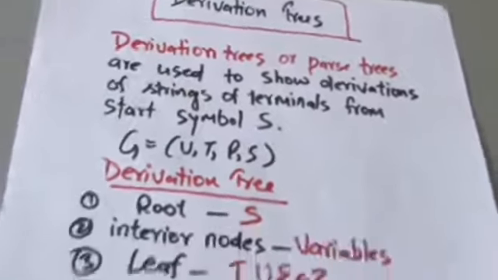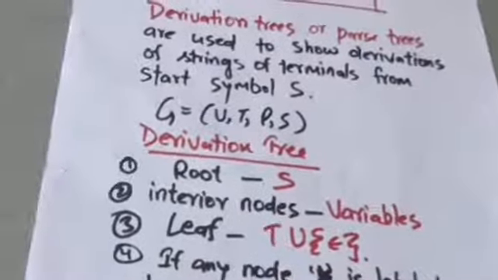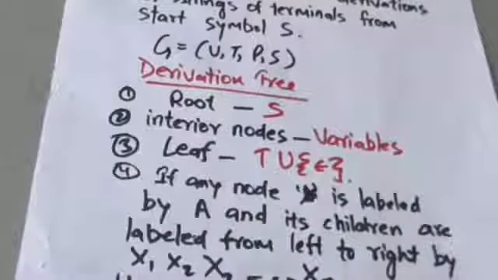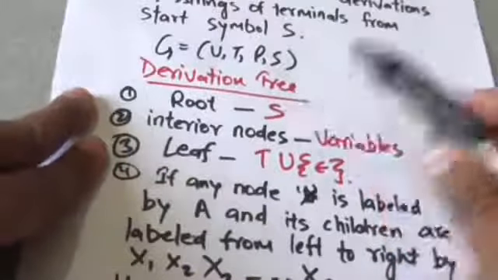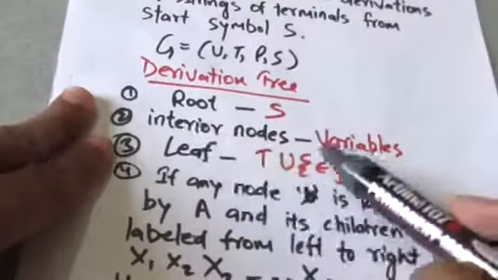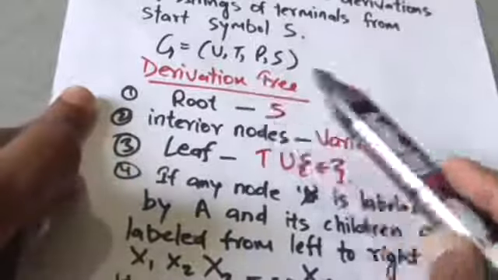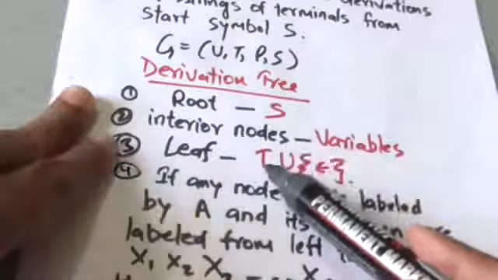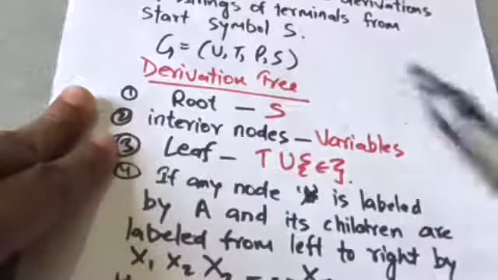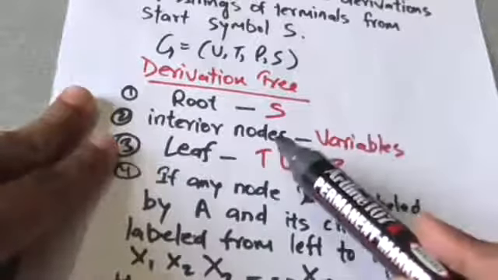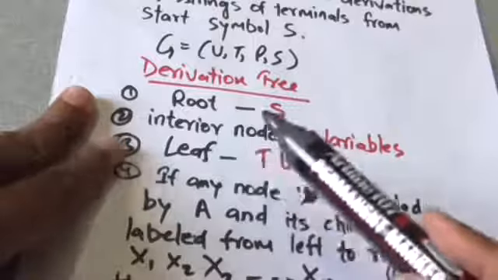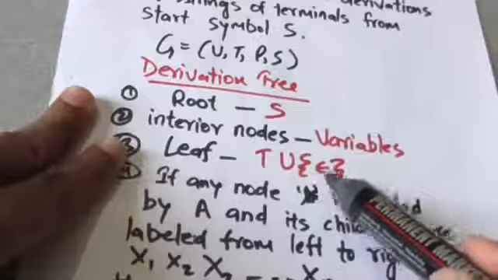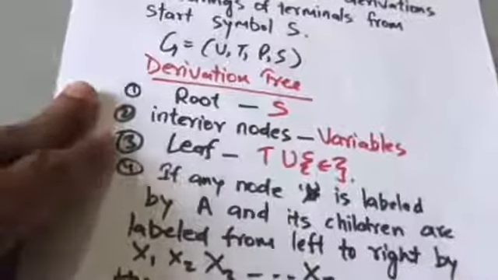Then a derivation tree is a tree whose root is labeled by S, interior nodes are labeled by variables and leaf nodes are labeled by terminals or empty. Right, leaves are either labeled by terminals or the symbol empty.